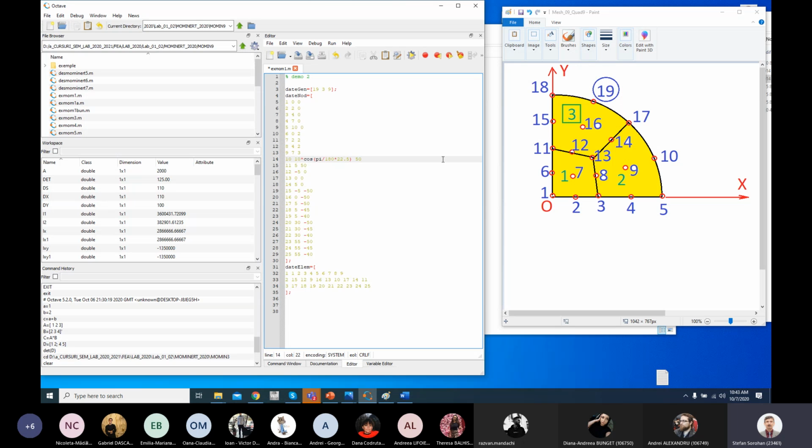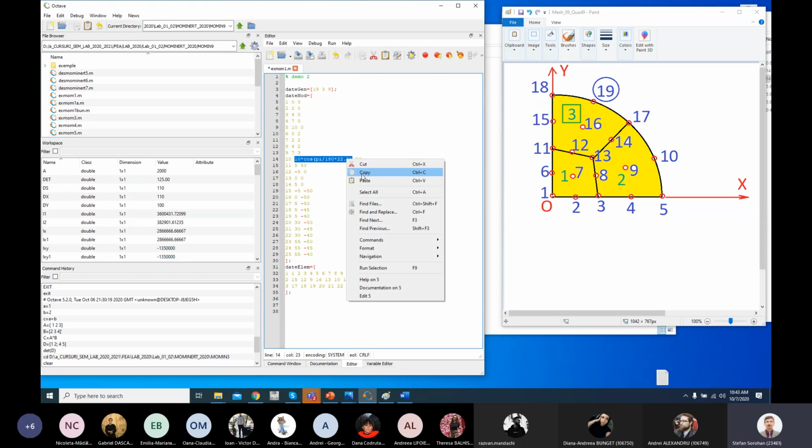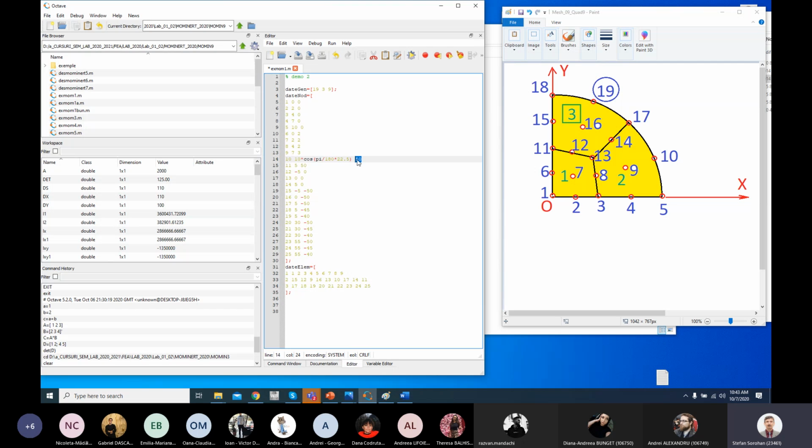And similarly, for this point, I will take sin from this angle. Using these formulas here, I'm sure that the coordinates for this node is exactly on this circle.